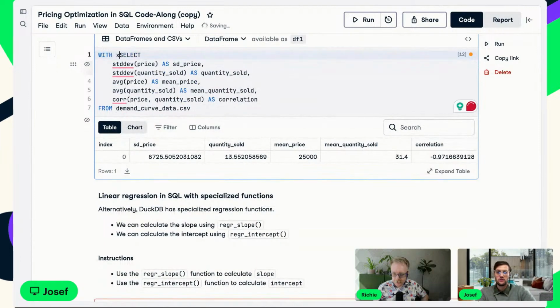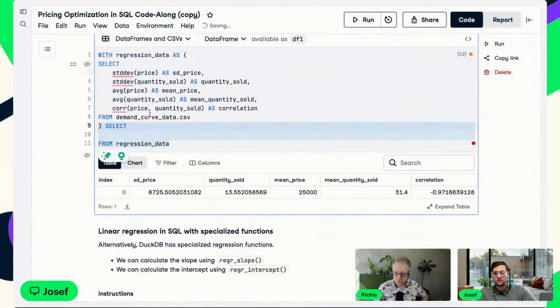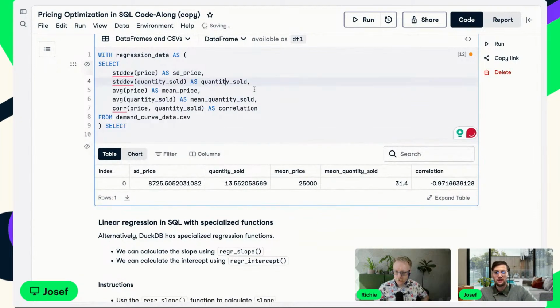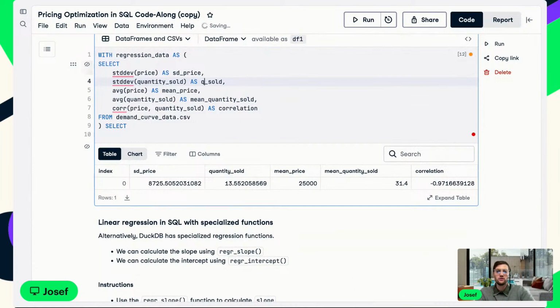Standard deviation quantity sold as quantity sold, which I think should be SD quantity sold. Oh my gosh. Line 4. SD as quantity sold. Thank you. So that's why you do not copy and paste, Richie. Thank you. SD quantity sold.